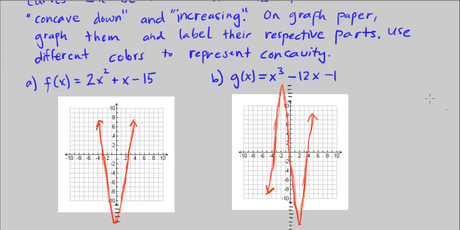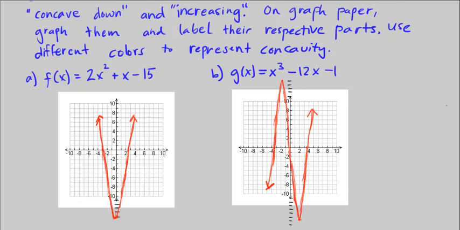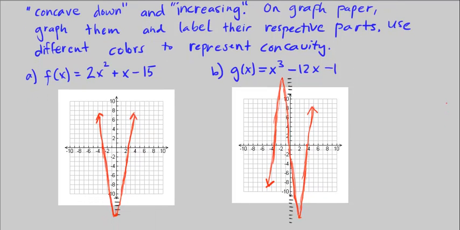Alright, so first let's go ahead and label these with descriptors such as concave down and concave up. So here in part A, this graph is all concave up, right? It's just a parabola facing upwards, so all concave up. Let's write it below.